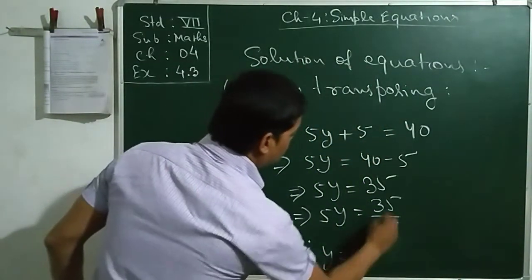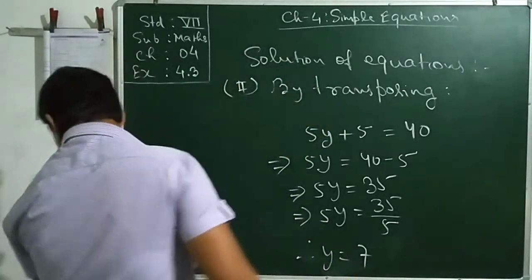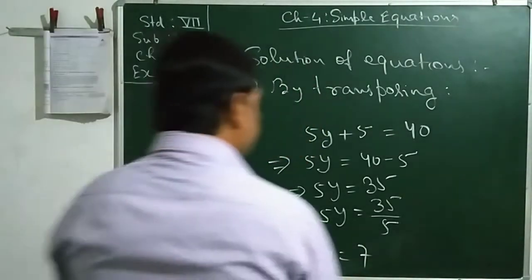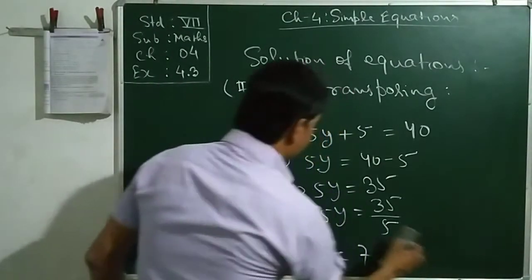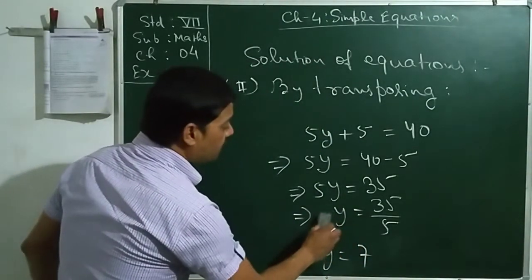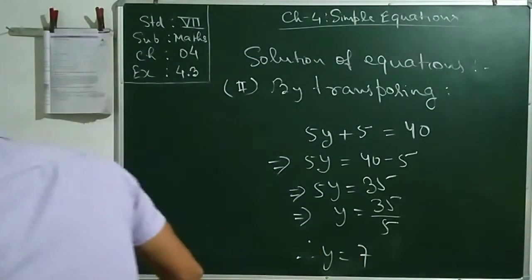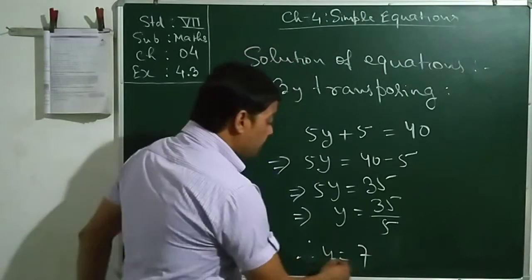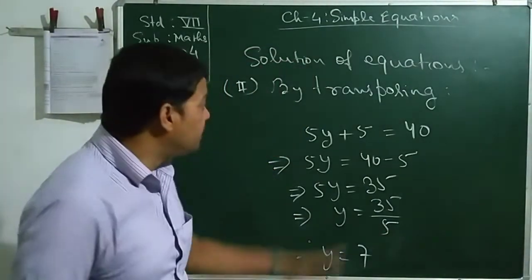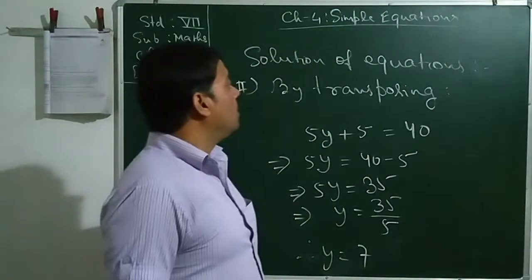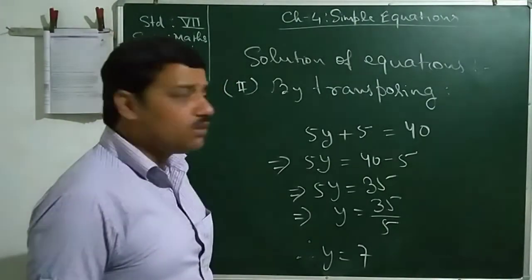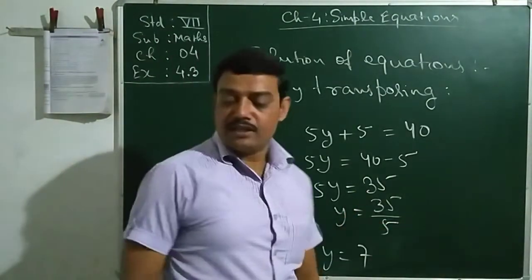Sorry, I have written one less step here. y equal to 35 by 5, therefore y equal to 7. In this way you can solve the given equation using both the methods.